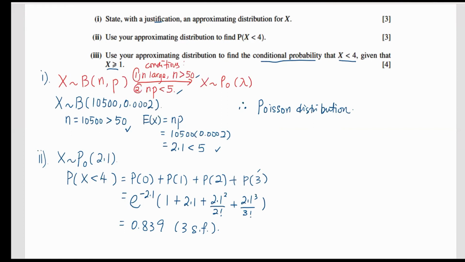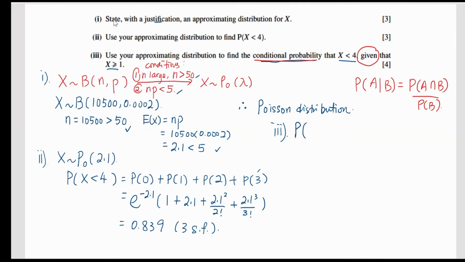Remember, in Statistics 1, we discussed conditional probability, and the formula is given as this: A given B is A intersect B divided by the probability of B. They will use the keyword given. The question here even mentioned that this is conditional probability. So we are trying to use this formula to answer part 3.